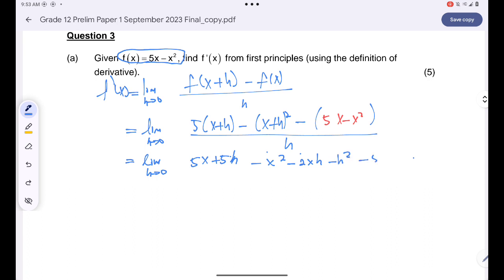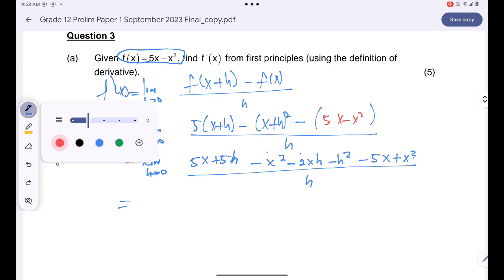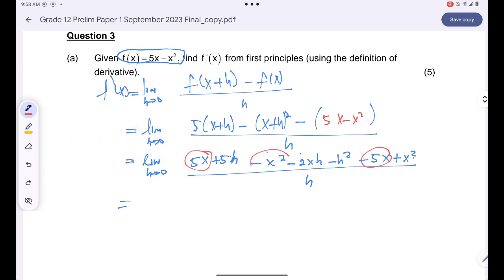Then I'll simply have a negative 5x plus x squared, all over h. This will simply subtract with that, and then this will also subtract with that one. So I'll be left with limit as h approaches 0 of 5h minus 2xh minus h squared, all over h.